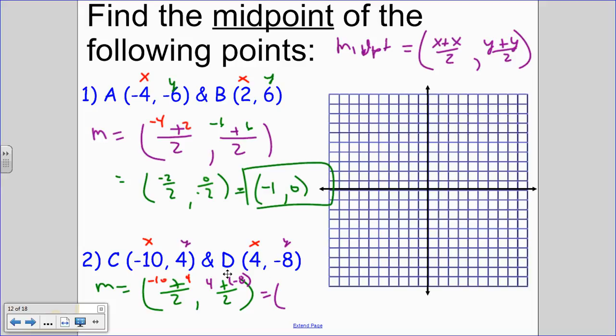So -10 plus 4 is -6. 4 plus -8 is -4. -6 divided by 2 is -3. -4 divided by 2 is -2. So the midpoint is -3, -2.